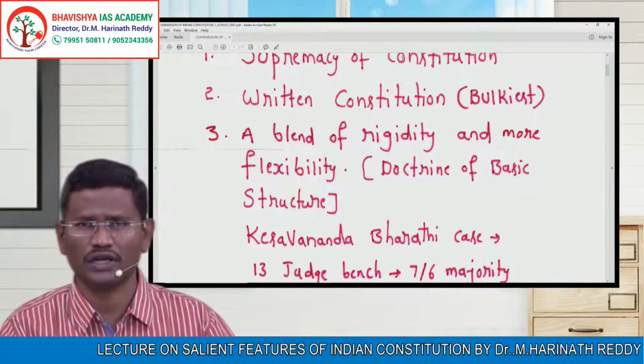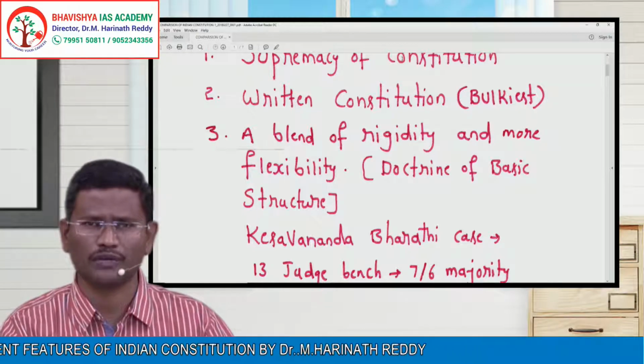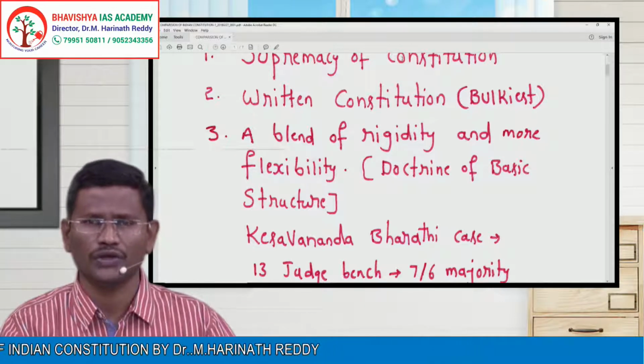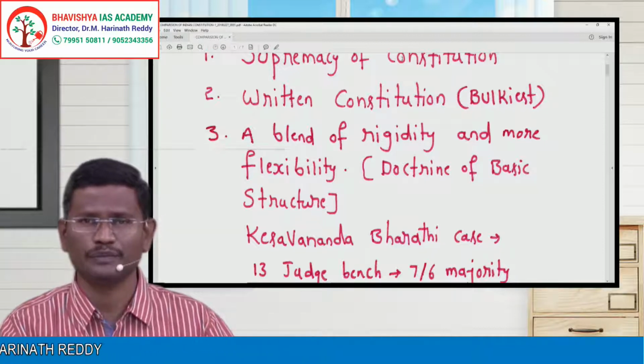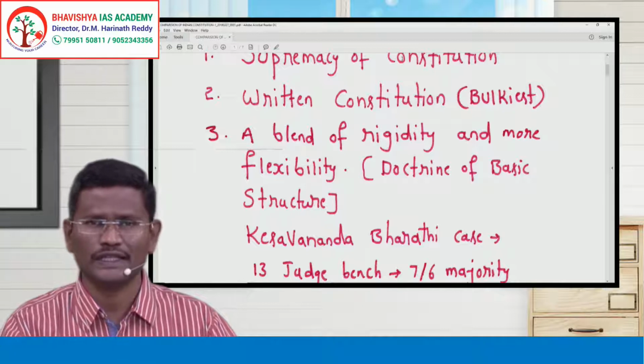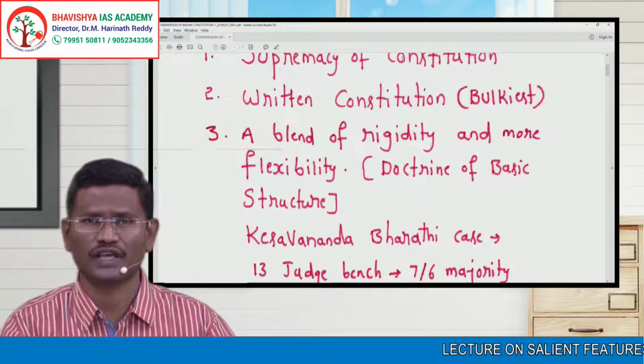This is one way of amending the Indian Constitution. So in this respect, we say the Indian Constitution is more flexible.